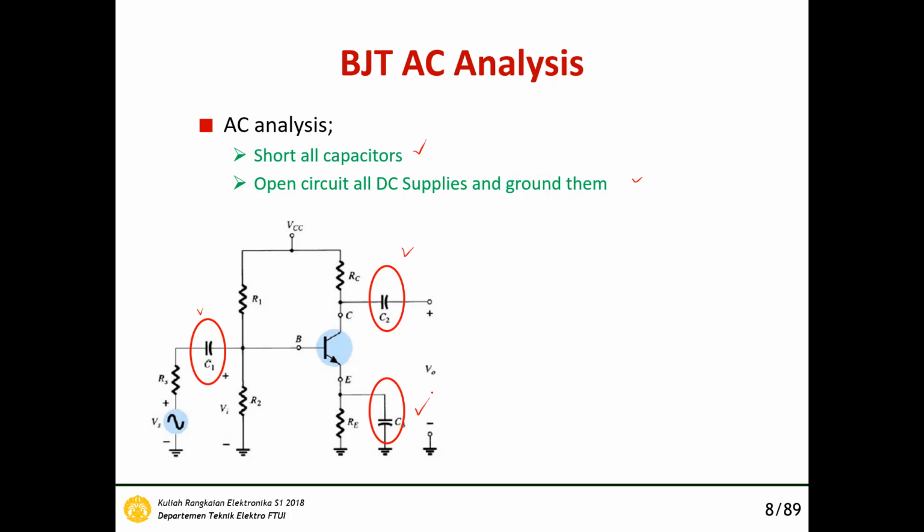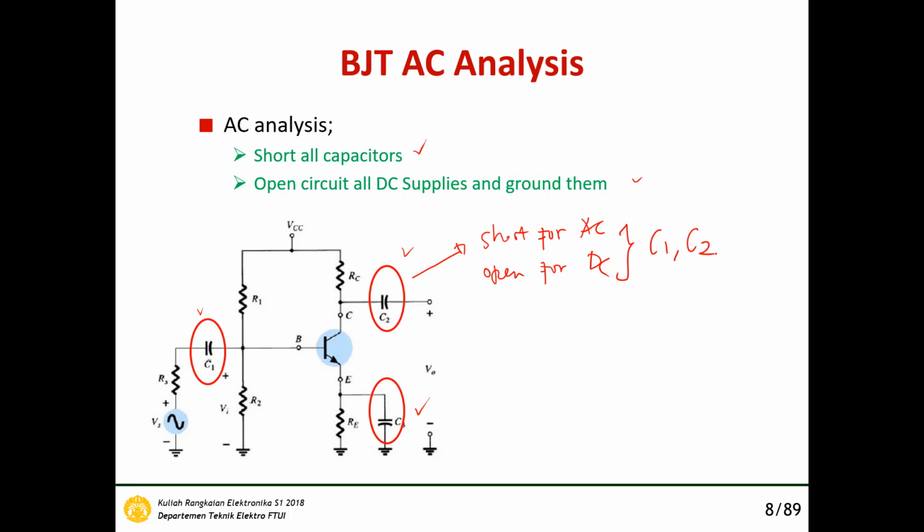It's like open for DC and short for AC. So C1 and C2 are coupling capacitors, short for AC and open for DC. So we have to carefully select the value of the coupling capacitor.